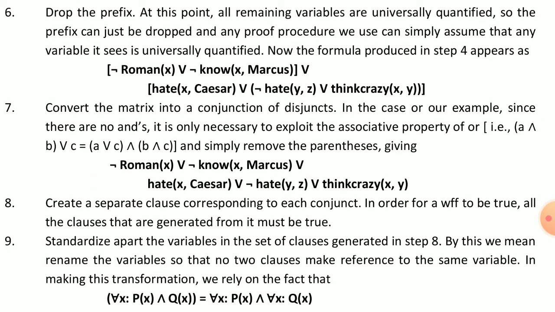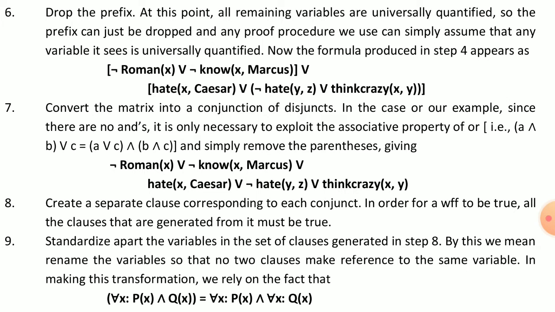At this point all remaining variables are universally quantified. So here we can drop the prefix and just drop the variable and prove the procedure. So we can simply assume that any variable is universally quantified.